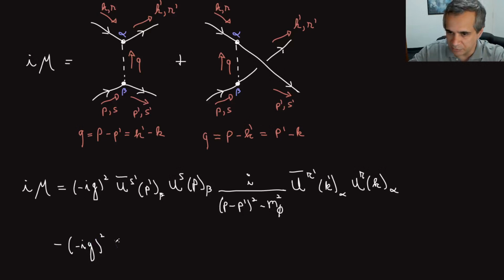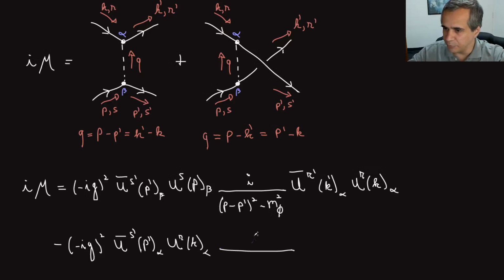So I start with a ū of s' p'. Now the index is alpha, right? And a u of r k, index alpha. You see how the contractions changed.